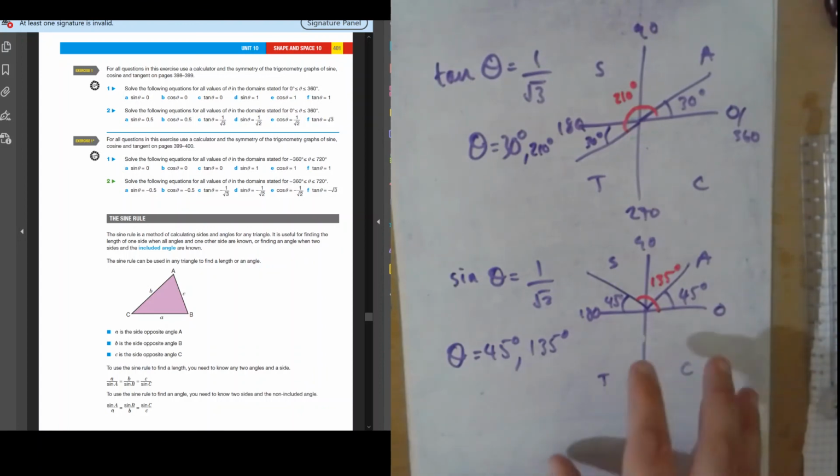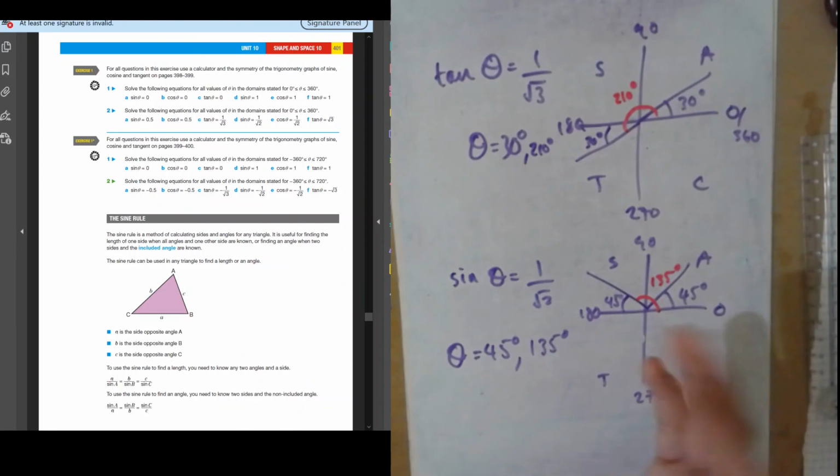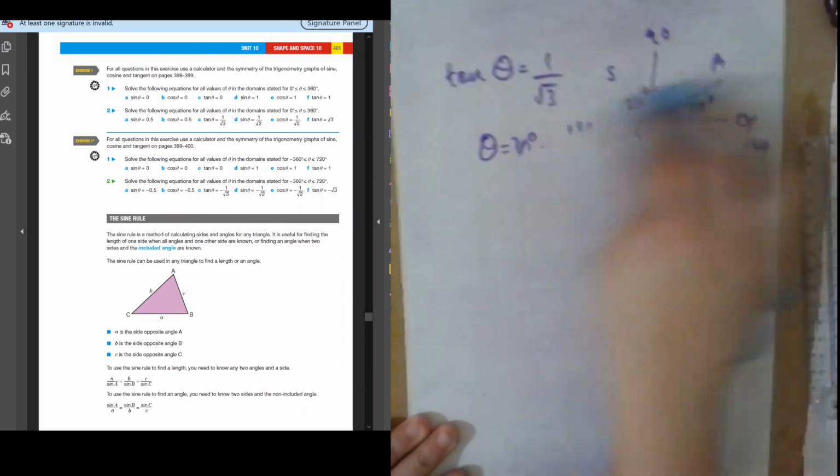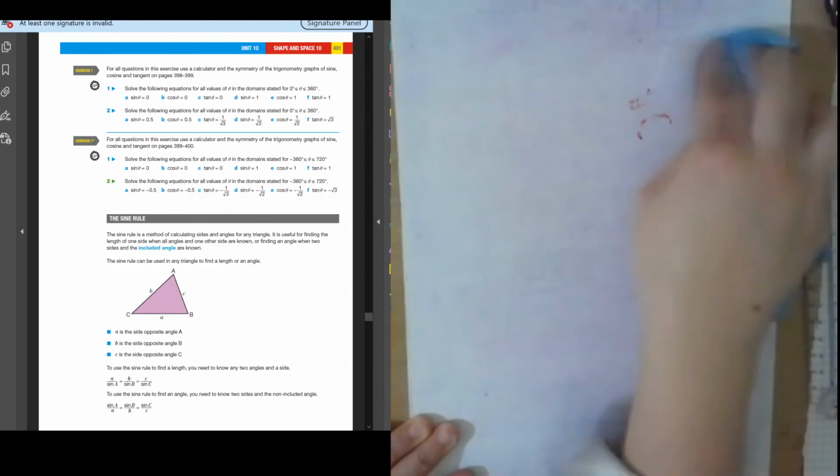The CAST diagram lets me quickly do a sketch that shows all my working out. I don't mind working through more examples if you don't get it, but for now I think you should be fine with the examples we've done.